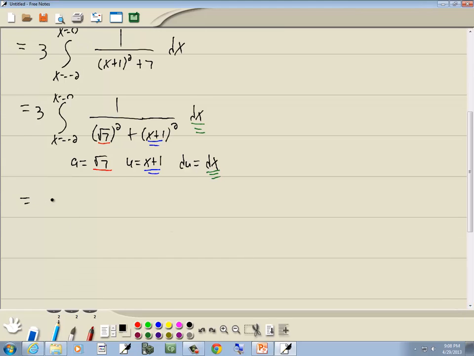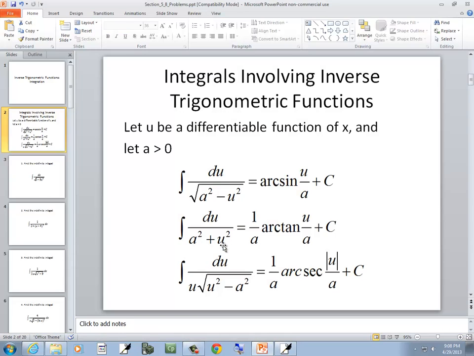So this becomes 3, and then integral from x equals -2 to x equals 0, and this is 1 over a squared plus u squared du, which matches our formula exactly.